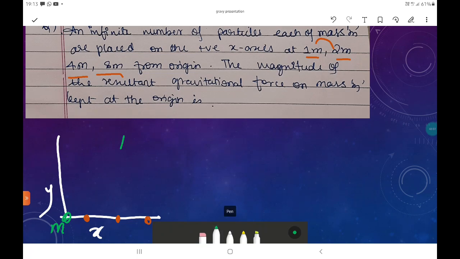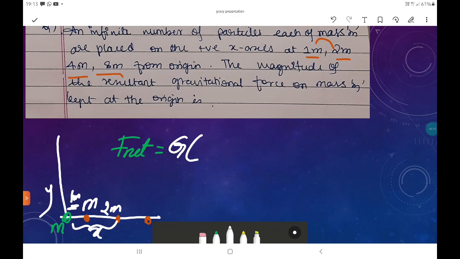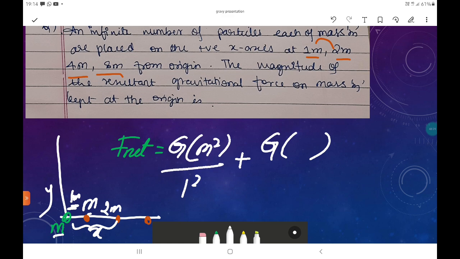So if you see F net due to the first particle, this is also mass m, but the distance is 1 meter, right? Again it comes to 2 meters. So for the first particle it will be G into m into m upon distance squared, the distance is 1 meter, so 1 square, plus G into m square upon, now what is the distance? 2 meters.